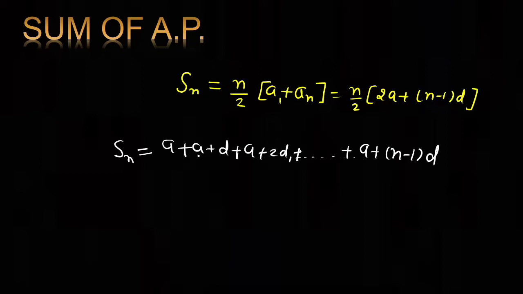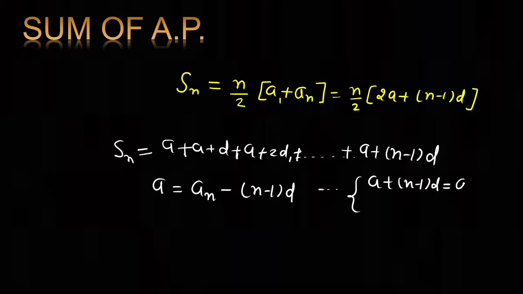So we are going to derive it. We can write a is equal to an minus (n minus 1) into d, because we know that a plus (n minus 1) into d is equal to an.